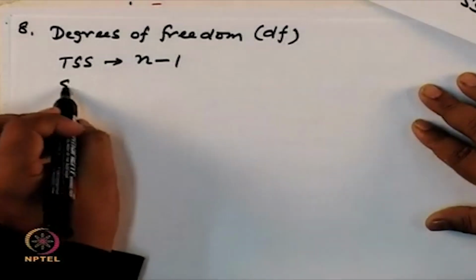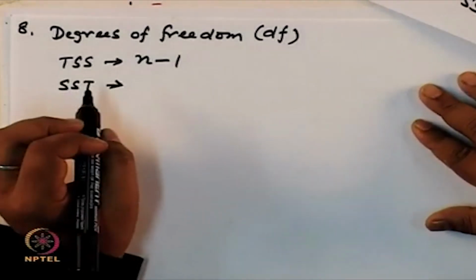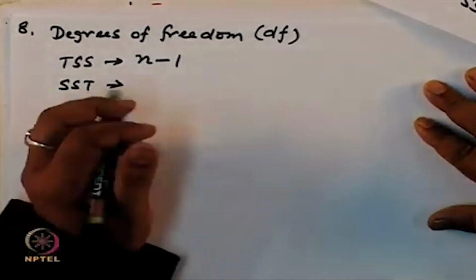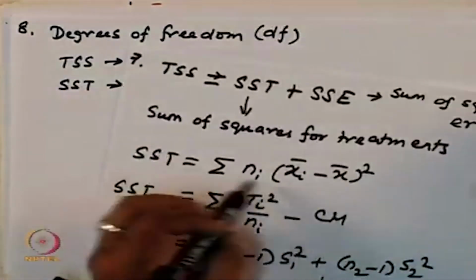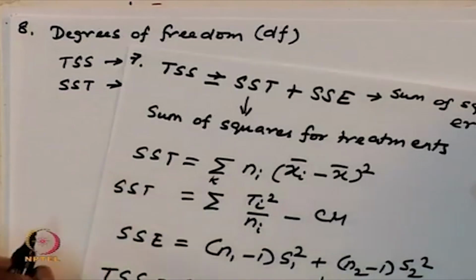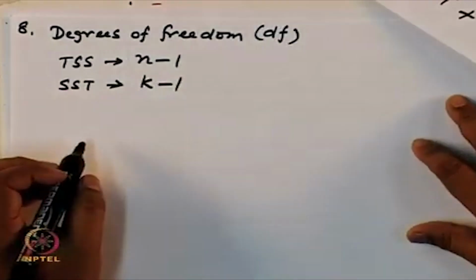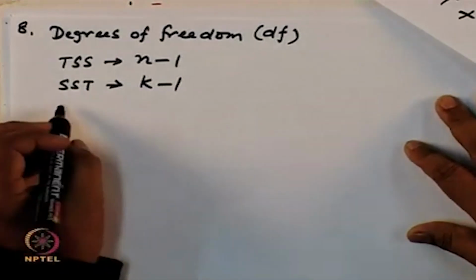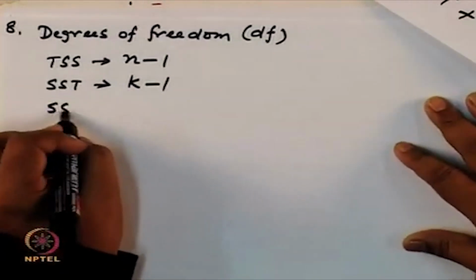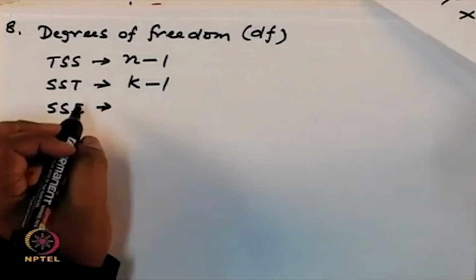For SST, you have k terms, so you do this over all k terms. The degrees of freedom for SST is k minus 1.